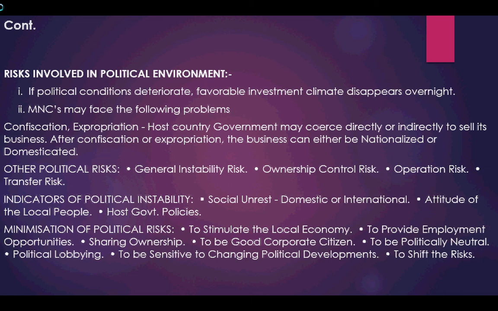So these are the steps to be taken by MNCs in order to minimize the political risks faced in host countries.